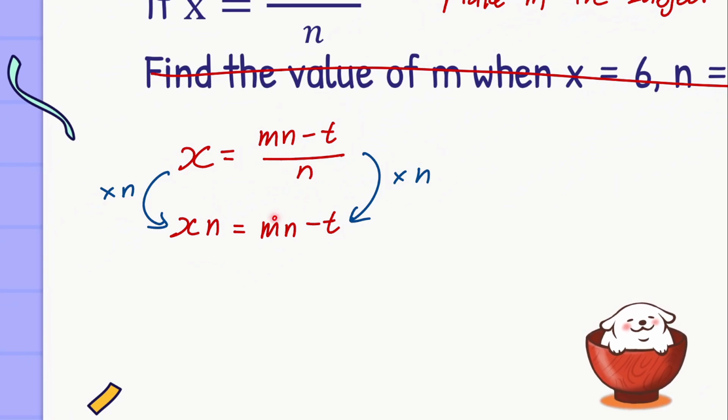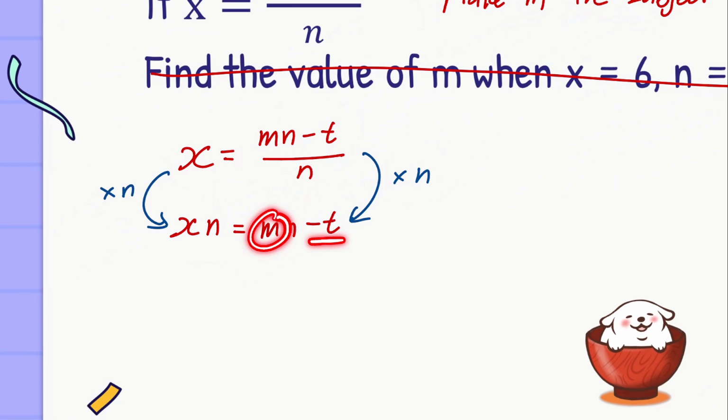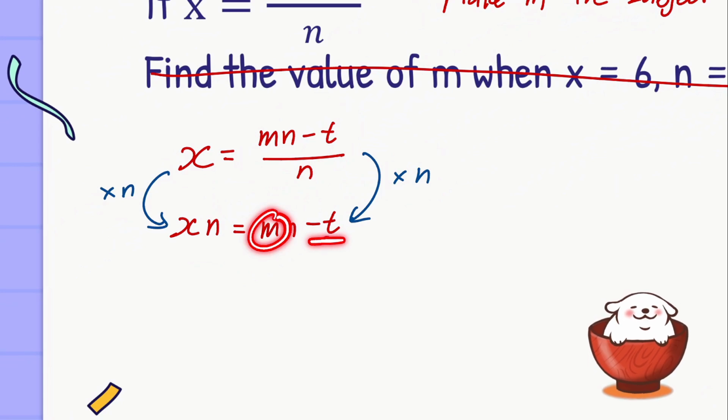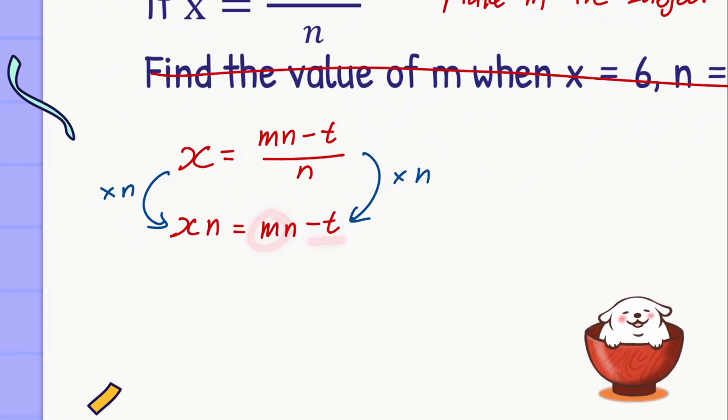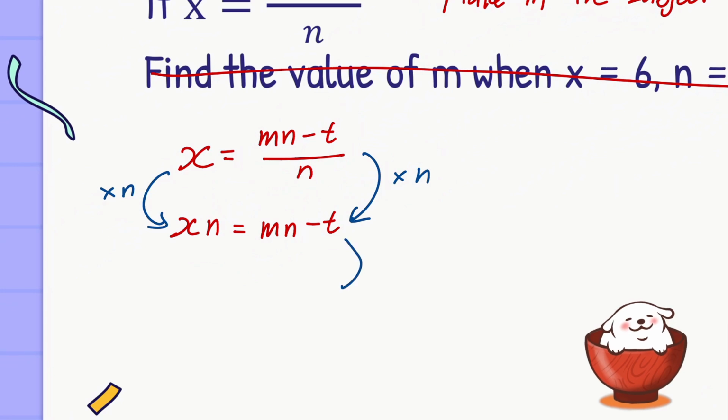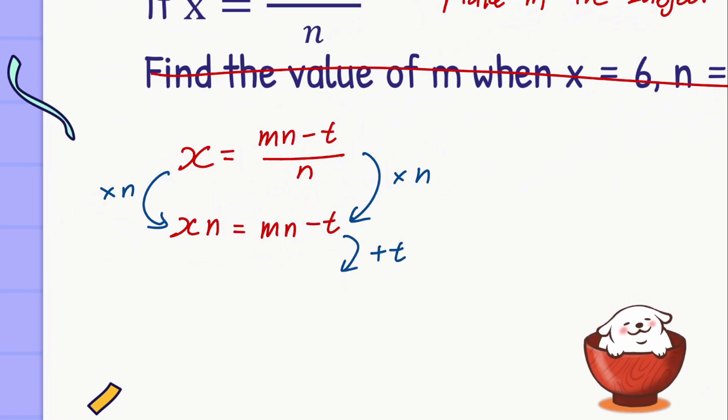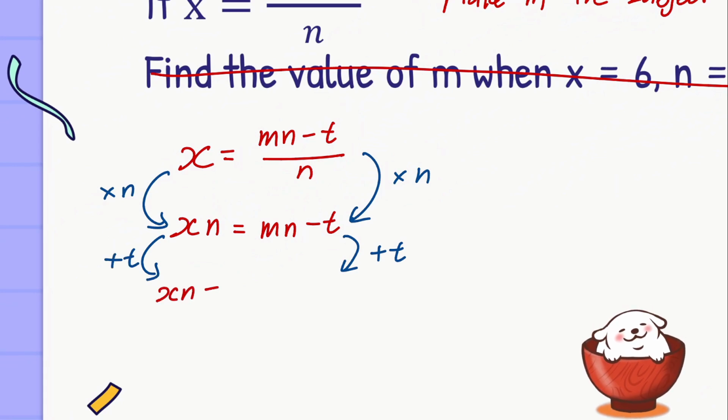We are trying to get the value of m. So this minus t is irritating you. It's blocking you from getting m. So let's get rid of it. And how do you get rid of minus t? We simply just add t. Alright, we add t to both sides of the equation. Now we get xn plus t equals to mn.